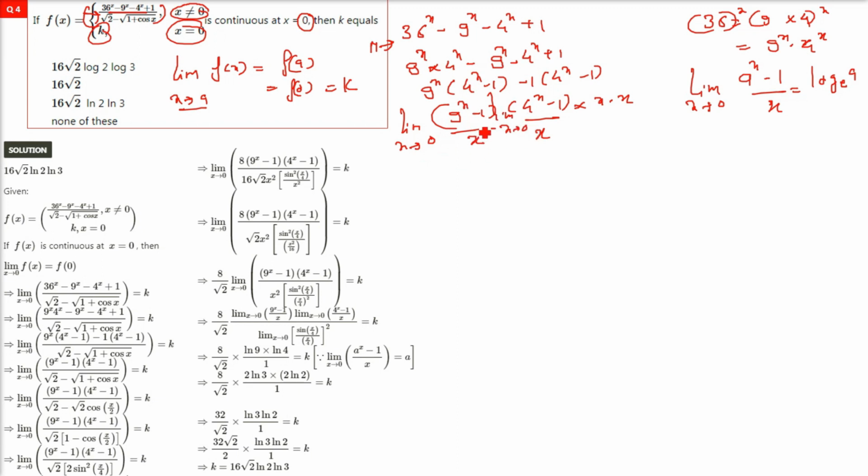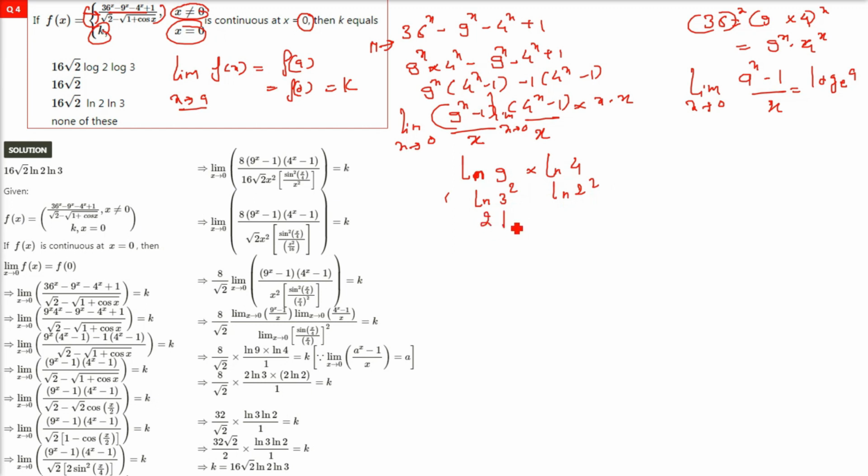So this first one, (a raised x minus 1) by x, will be log 9. As I said, log can be written as ln. So ln 9 multiplied by ln, that is log base e, of 4. Now 9 can be written as 3 squared, 4 can be written as 2 squared, and in log the power comes outside.